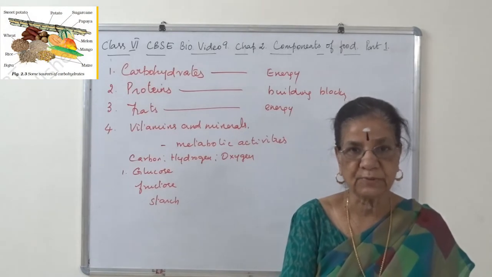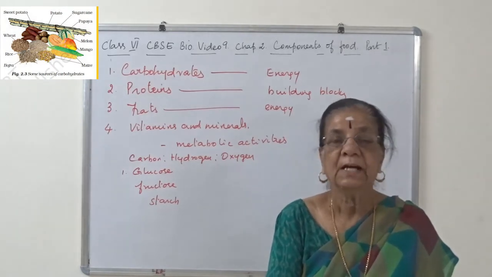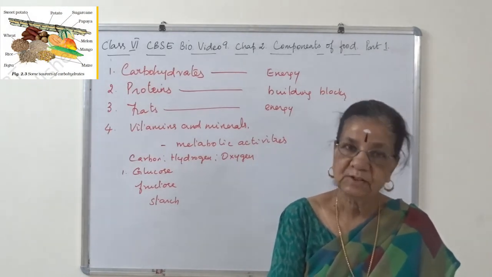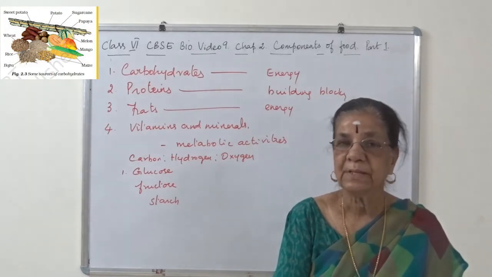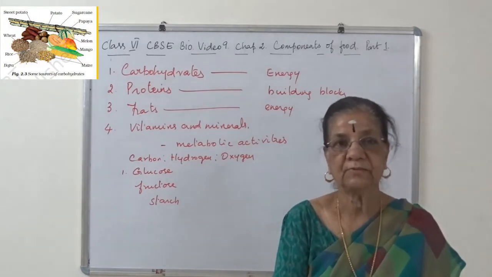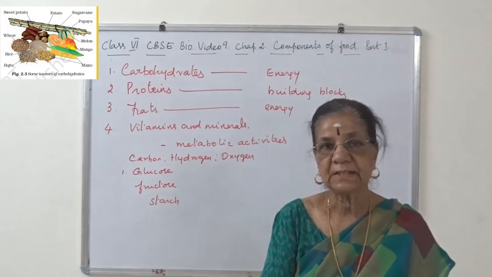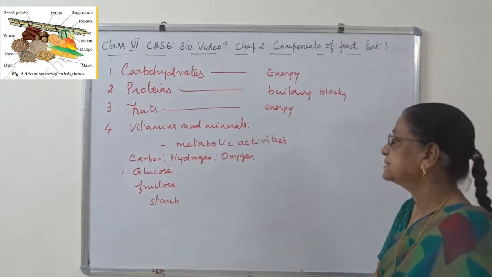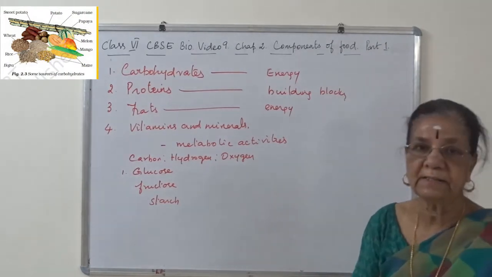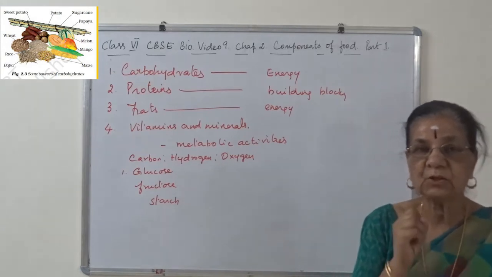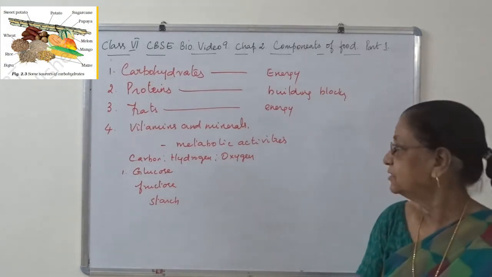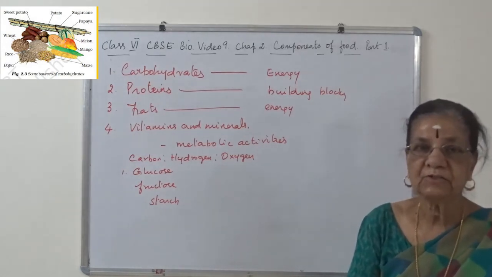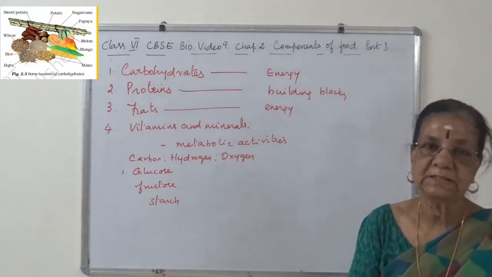I hope you remember. 5th standard you have learned, is it not? And that starch is mainly in the form of rice and wheat. I hope you understand. So the composition of carbohydrate is carbon, hydrogen and oxygen.